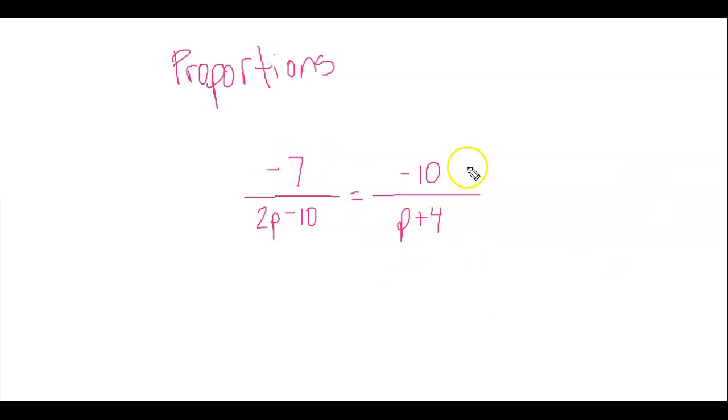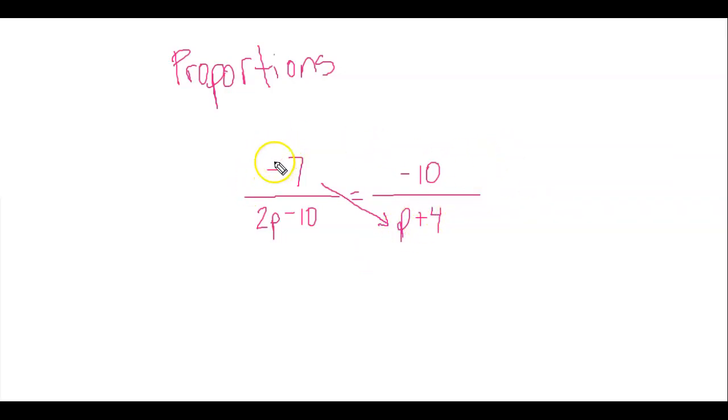So when we're dealing with a proportion, I'm sure in the past you have been taught to cross multiply. And that still works with these types of proportions. You want to remember that all you're really doing is multiplying both sides by the denominator. When I multiply this side by p plus 4, the p plus 4 just cancels out.